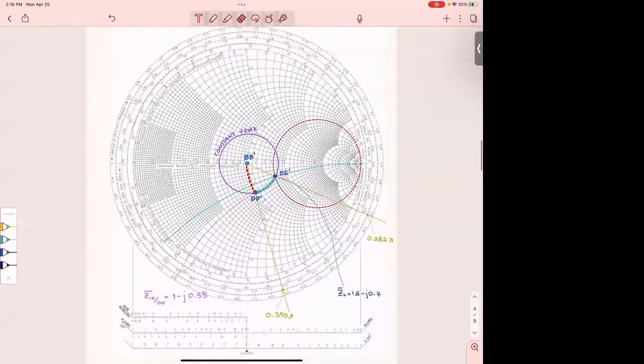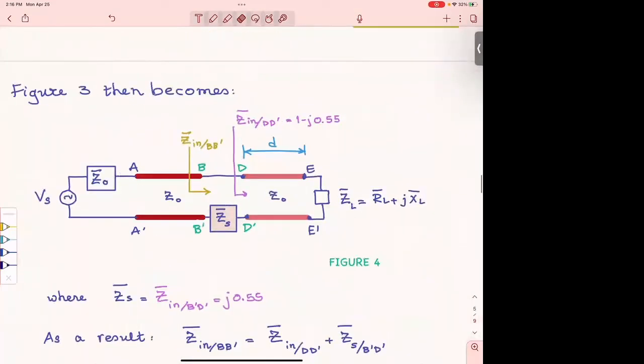This is how the stub is going to impact my line: it is going to load the transmission line at this point only with an imaginary, reactive load. I want to design the stub so it cancels my minus J.55. I want Z sub S normalized to be plus J.55.